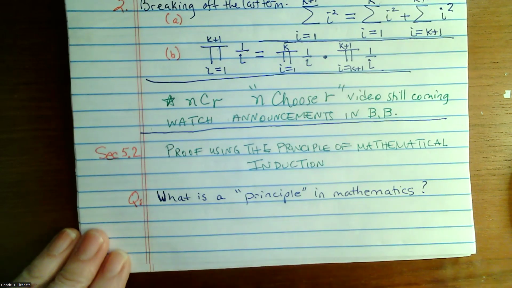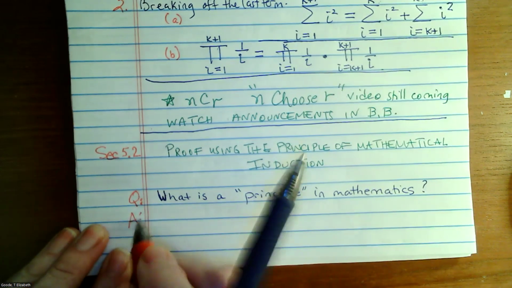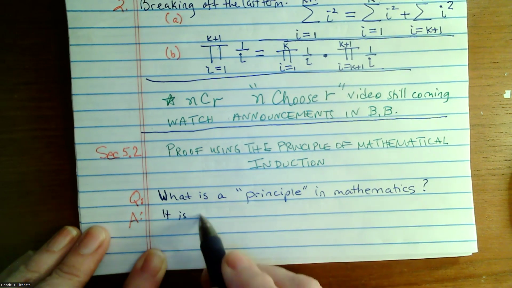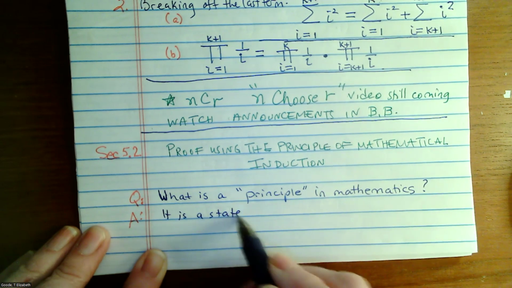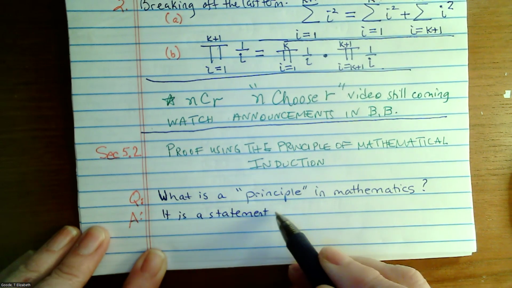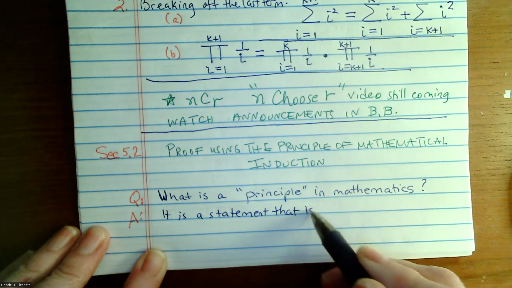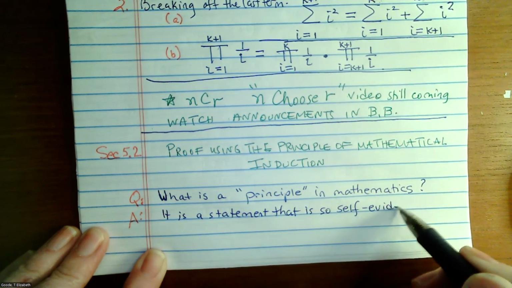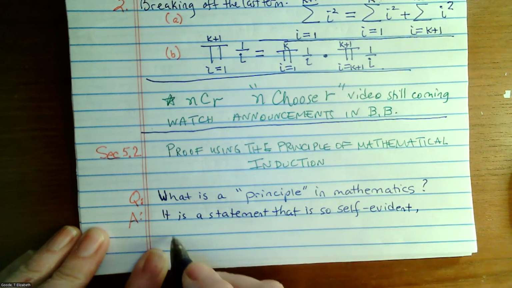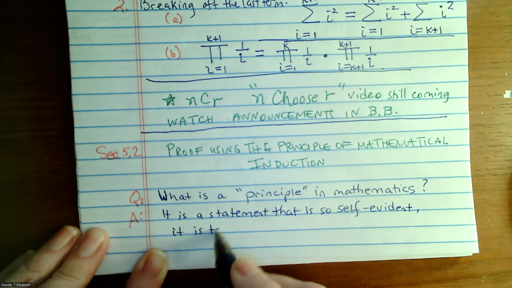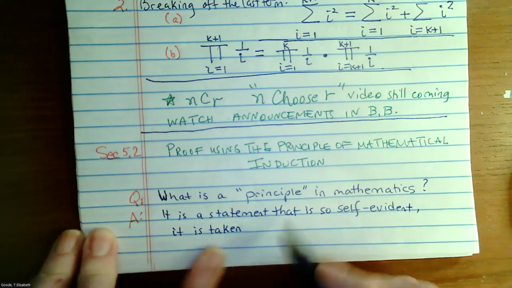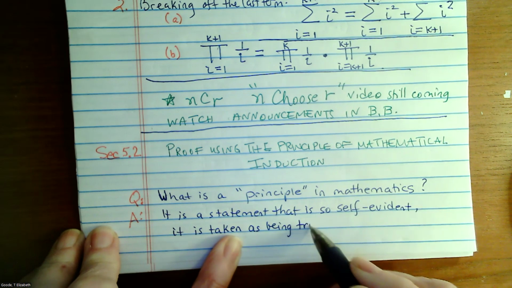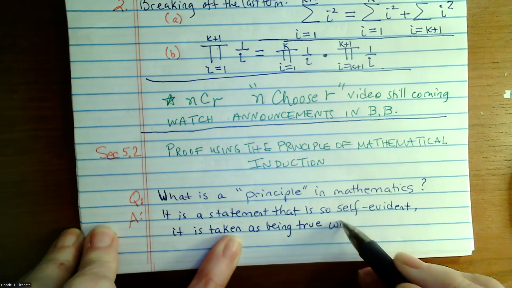So the answer to my question, what is a principle in mathematics, is that it is a statement that is so self-evident it is taken as being true without proof.